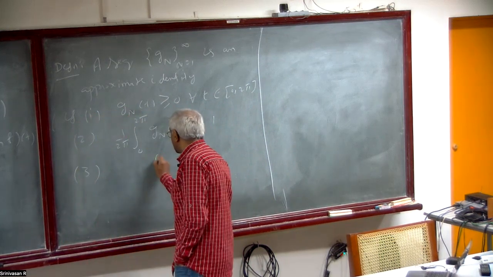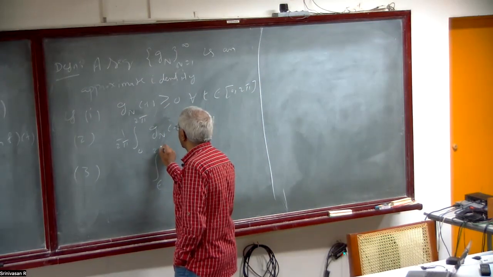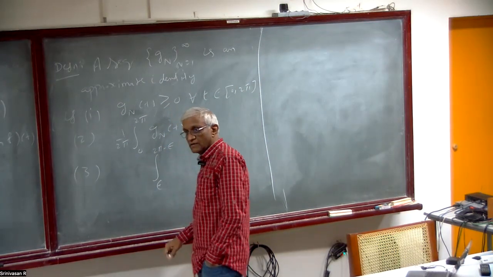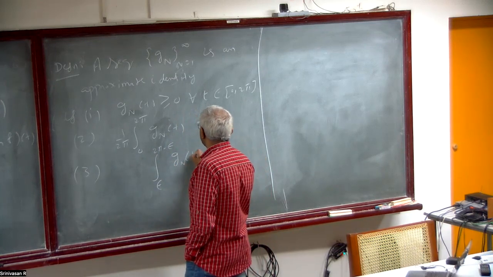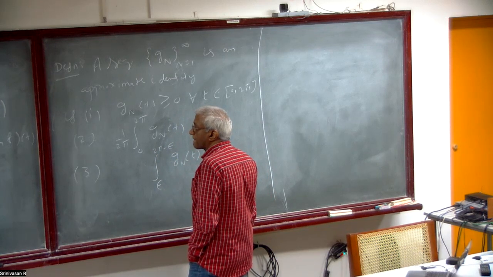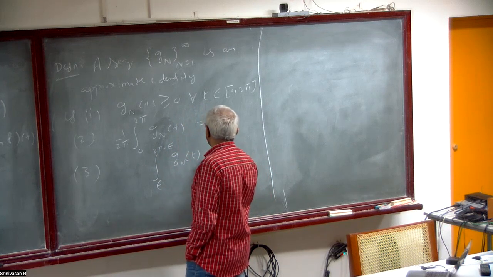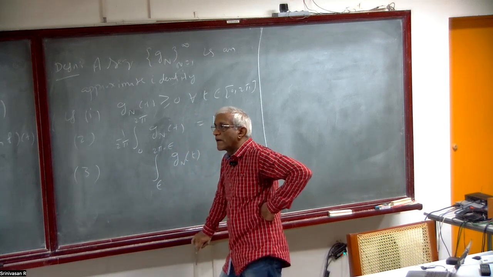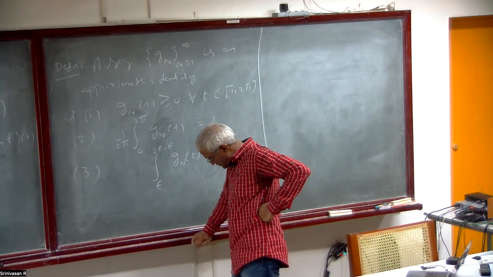Third condition is the integral from epsilon to 2 pi minus epsilon of gn(t). You need mod or something.